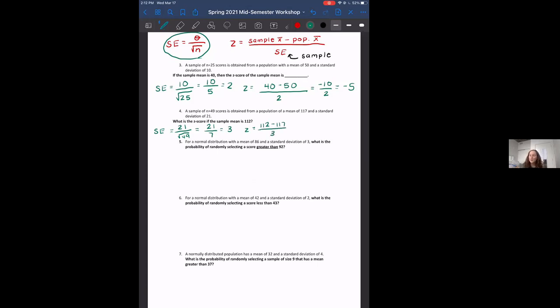So 112 minus 117 is negative 5, divided by 3. What's negative 5 divided by 3? Yes, negative 1.67. Thank you. Perfect. So that's our answer. Does anyone have any questions on how we got that?